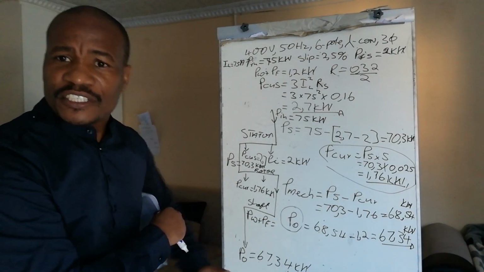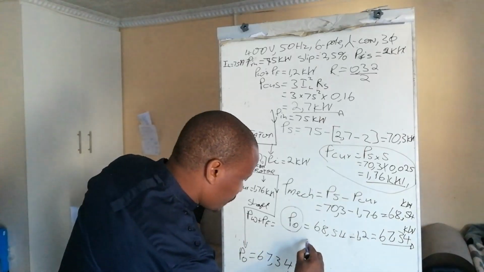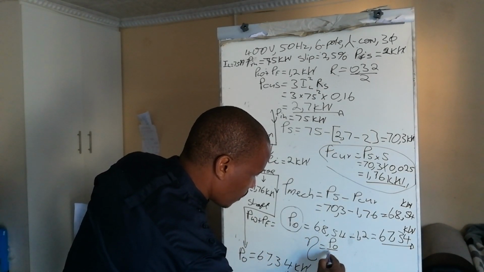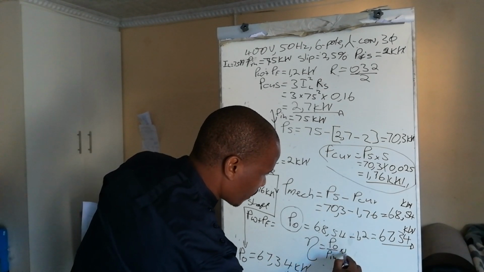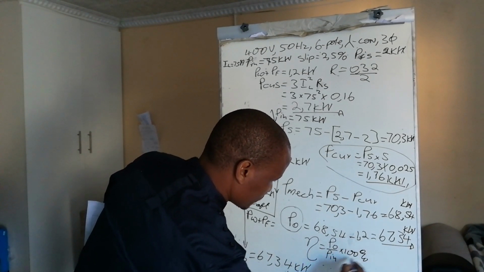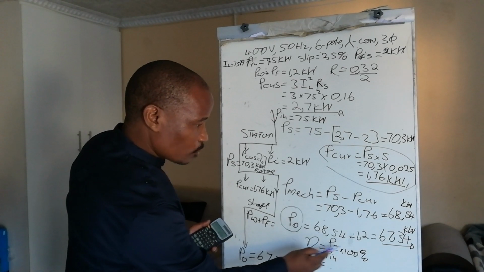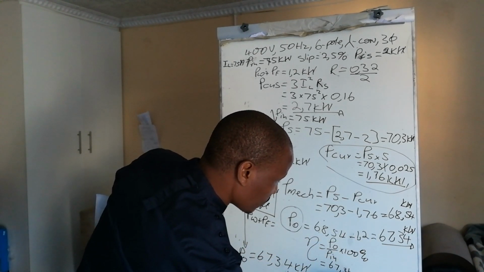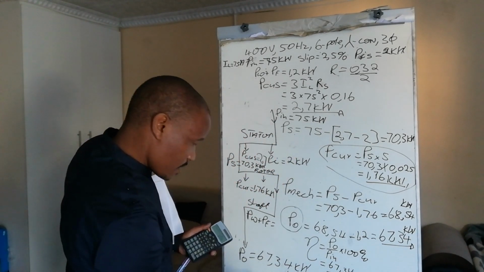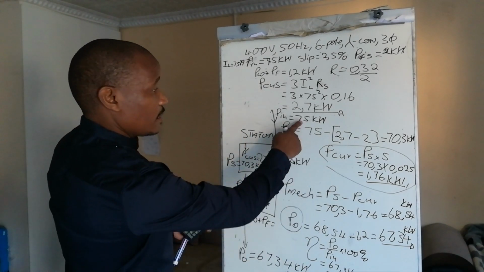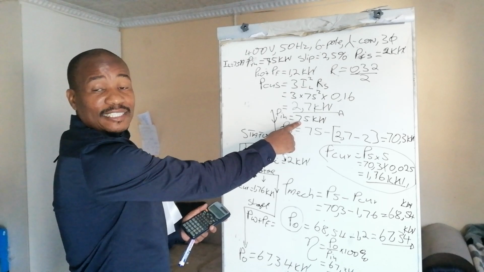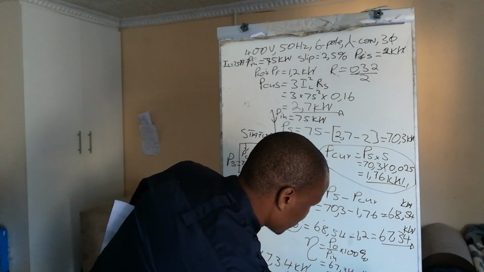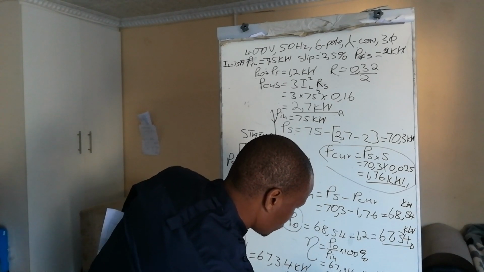Now, calculate the efficiency of the motor. The efficiency of the motor is equal to what? The output power over the input power multiplied by 100%. The output is calculated as 67.34 over the input, which was given as 75 kilowatts, multiplied by 100.